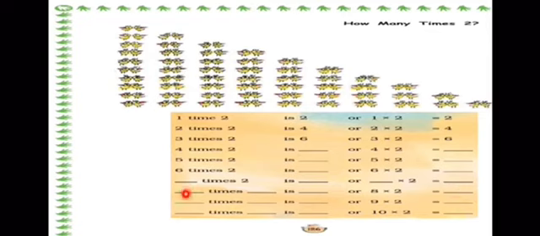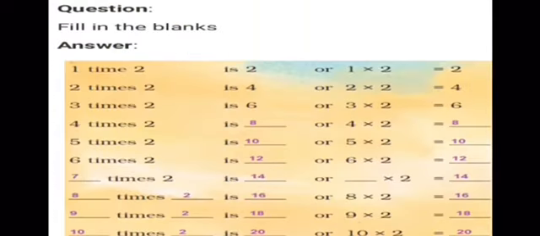Similarly over here, after 7 we'll write 8. 8 times 2 is 16, or 8 2s are 16. Now here 9 times 2 is 18, or 9 2s are 18. And 10 times 2 is 20, or 10 2s are 20. So write the answers in your textbook.